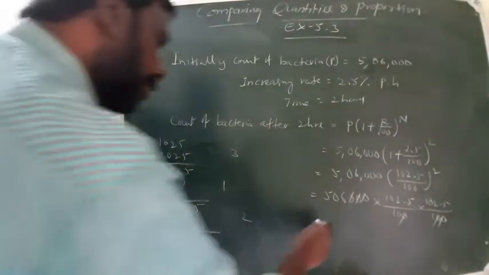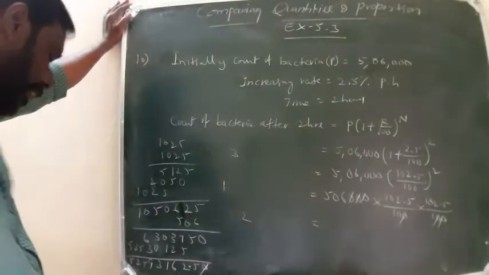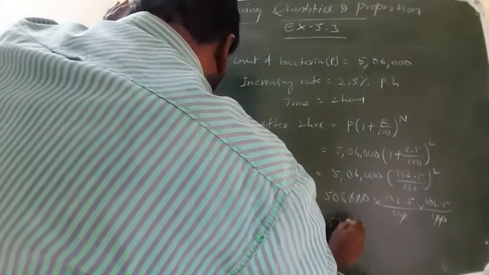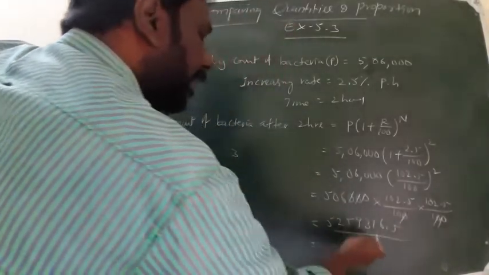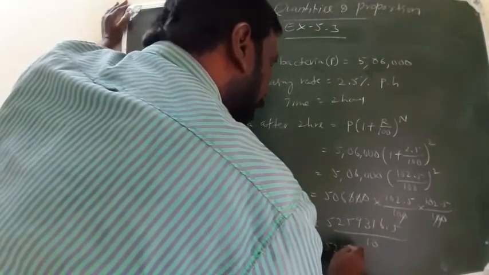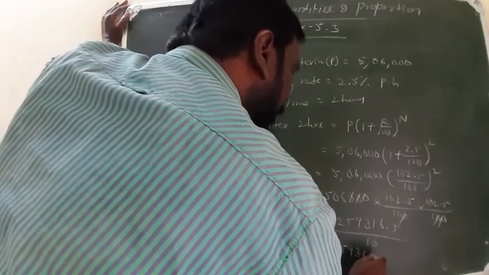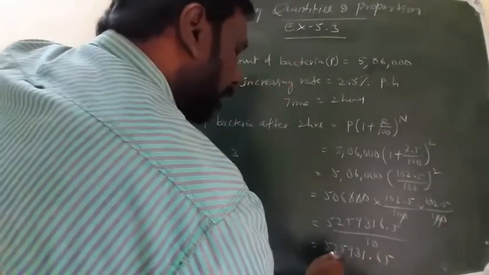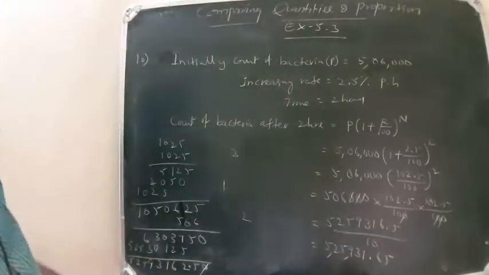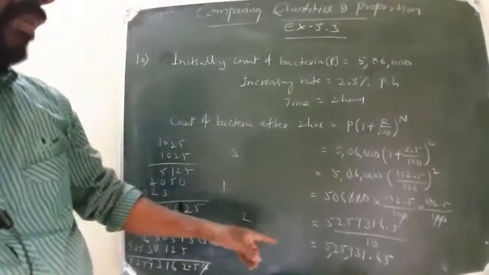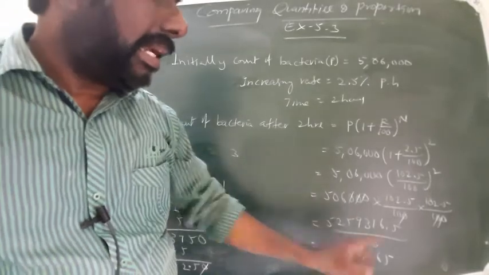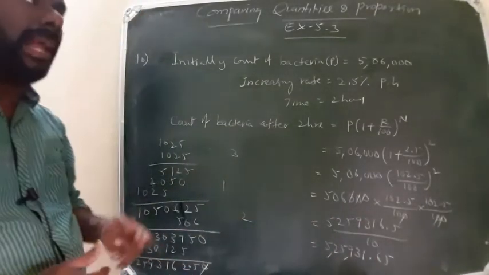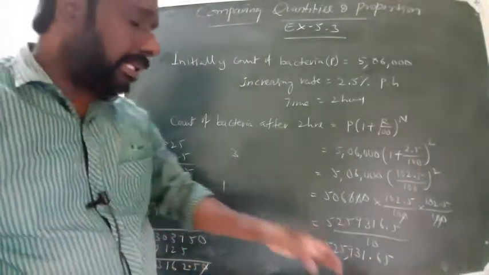This one is not counted. 5 2 5 9 3 1 6.5 by 10 will be there. If you divide with 10, 931.65. So after 2 hours the bacteria will be 5,25,931.65 bacteria will occur in that culture.